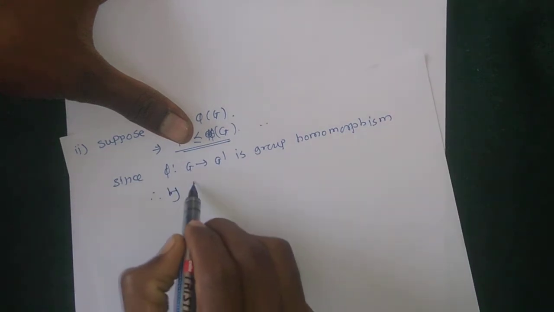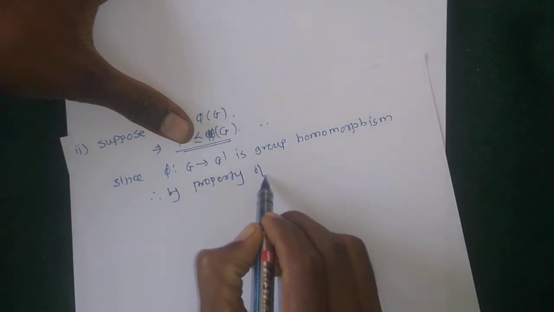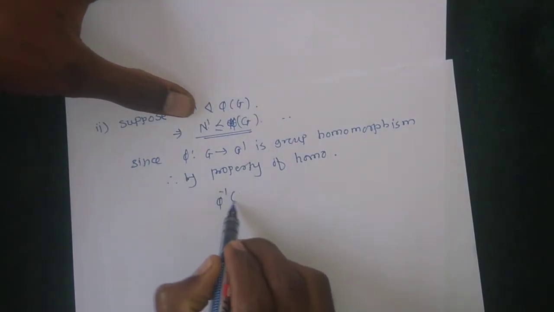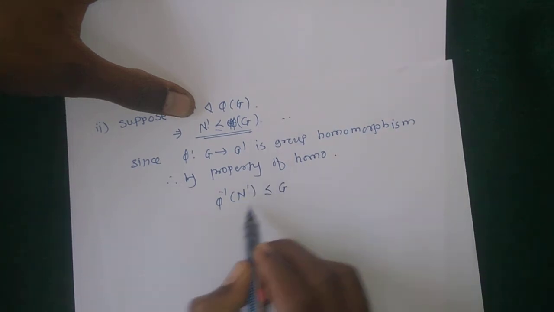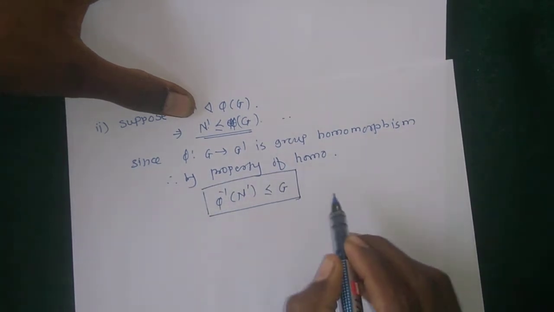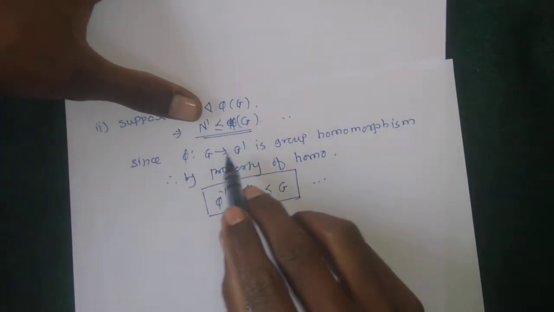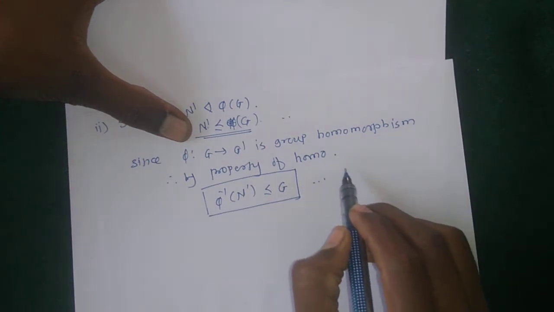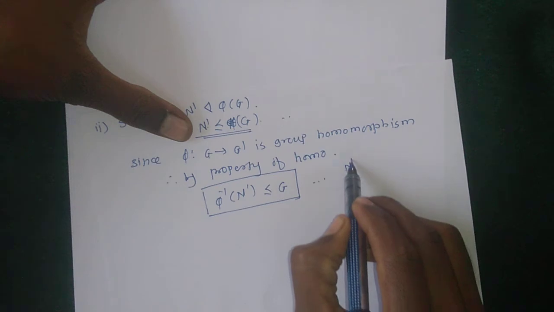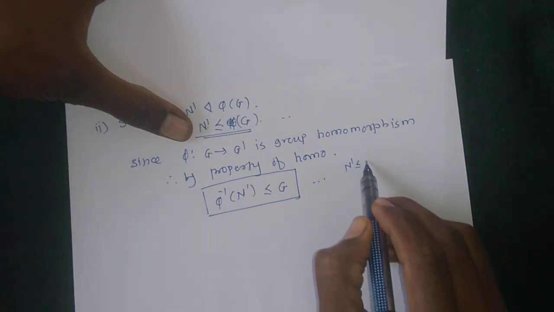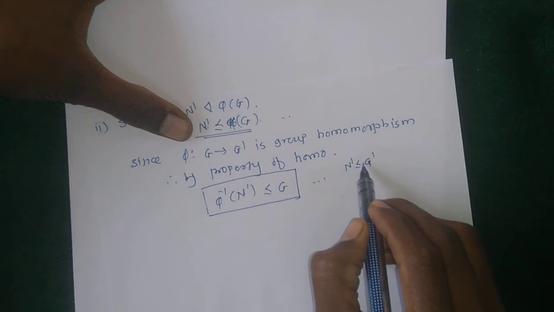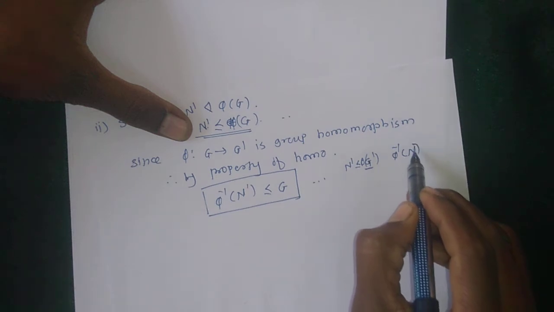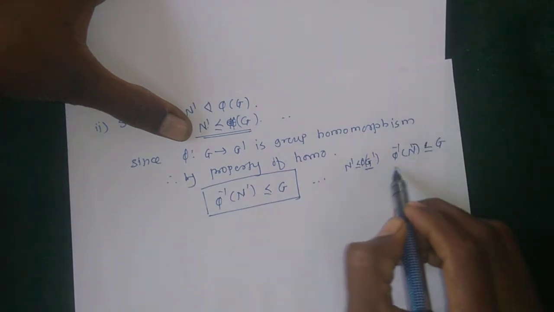Therefore, by the property of homomorphism, phi inverse of N dash is also a subgroup of G. The homomorphism property says that if phi from G to G dash is a group homomorphism and N dash is a subgroup of G dash, the codomain, then the inverse image phi inverse of N dash is also a subgroup of G, the domain.